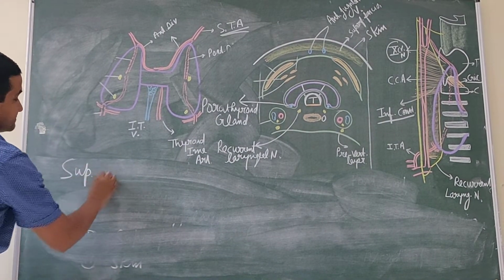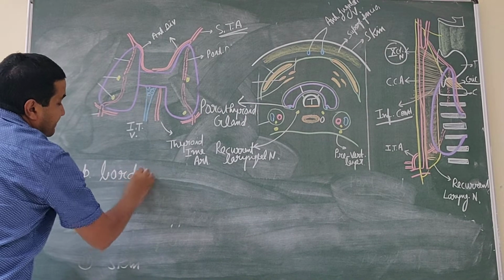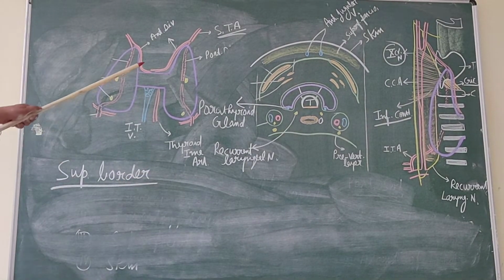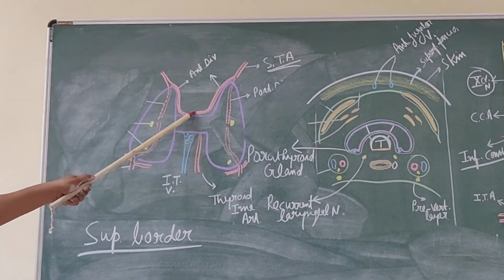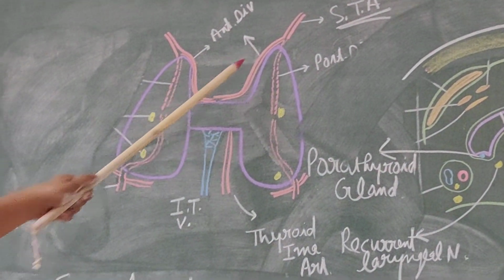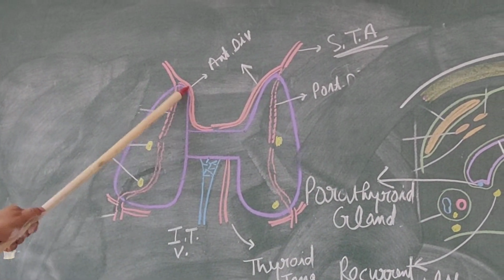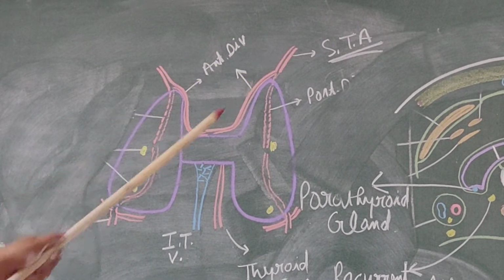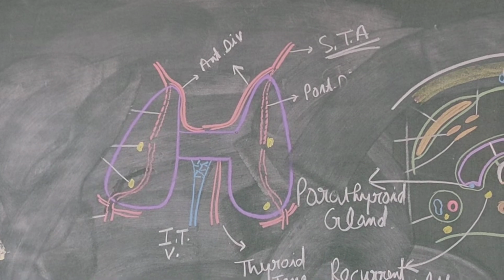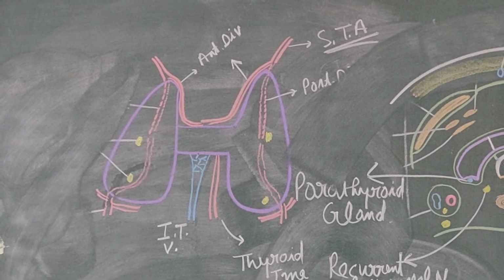The superior border, as we have discussed earlier, has the anastomosis between the anterior divisions of the superior thyroid artery of the two sides at the upper border of the isthmus.